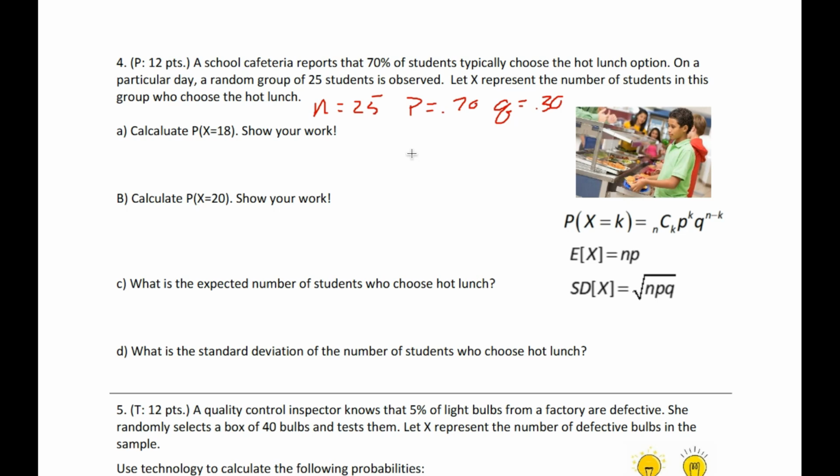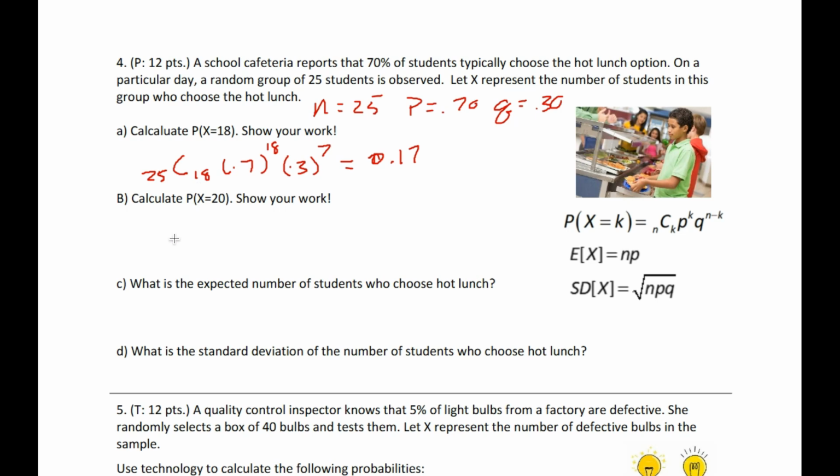Well, we have to show our work, so we're going to use the formula for this. So this would be 25 choose 18 times 0.7 to the 18 and 0.3 to the 7. That ends up being about 0.17.